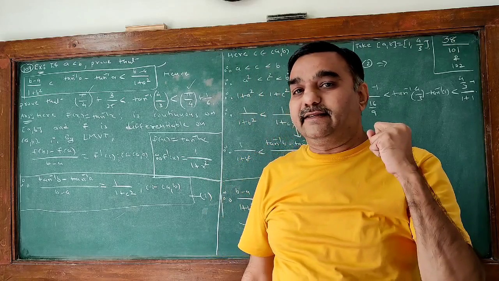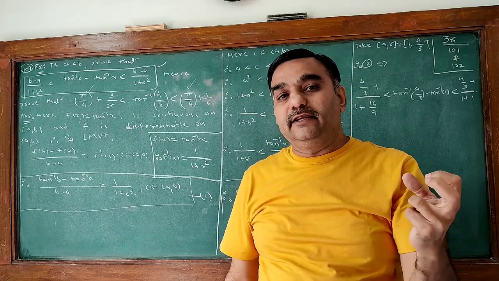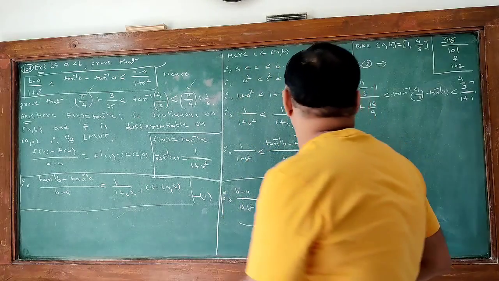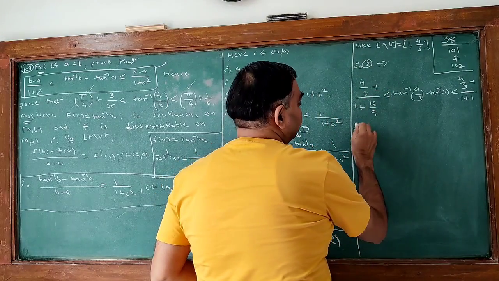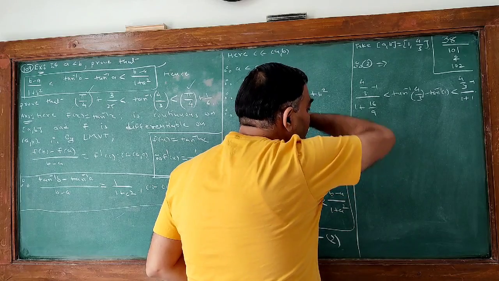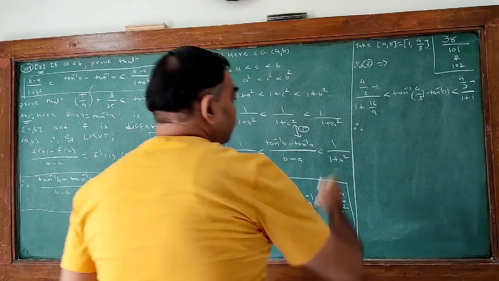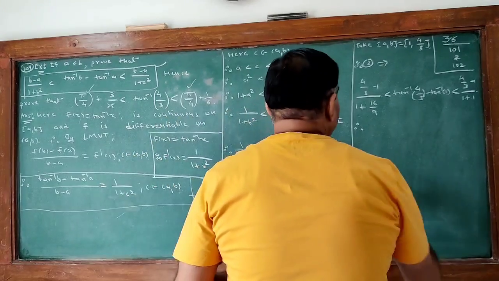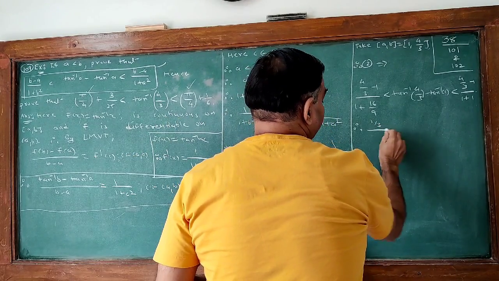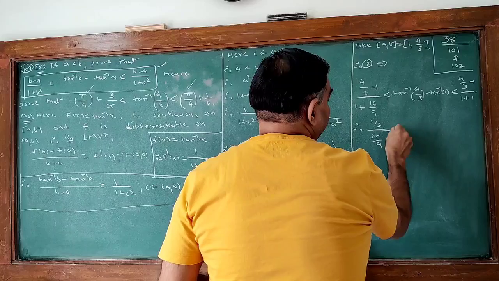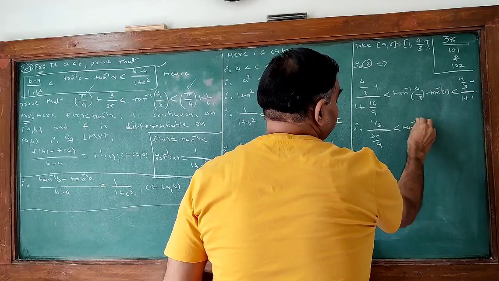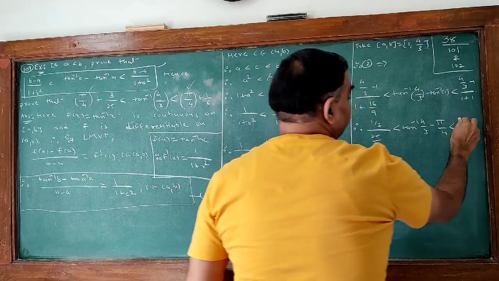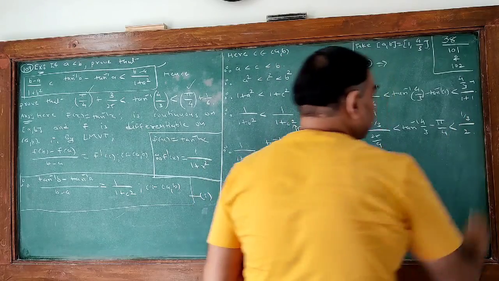You have to guess which number will give you pi by 4, and that will be tan inverse 1. Therefore this is (1 by 3) upon (25 by 9) is less than tan inverse 4 by 3 minus pi by 4, which is less than (1 by 3) upon 2.